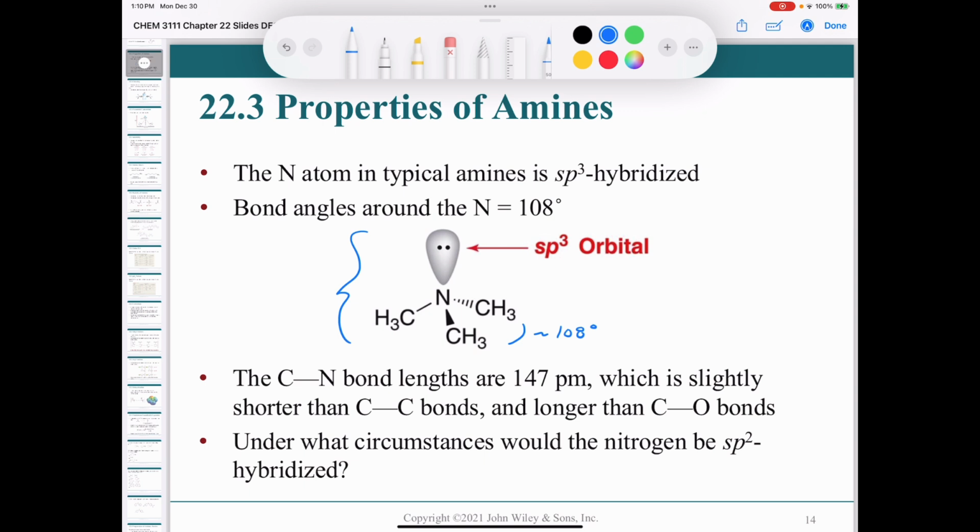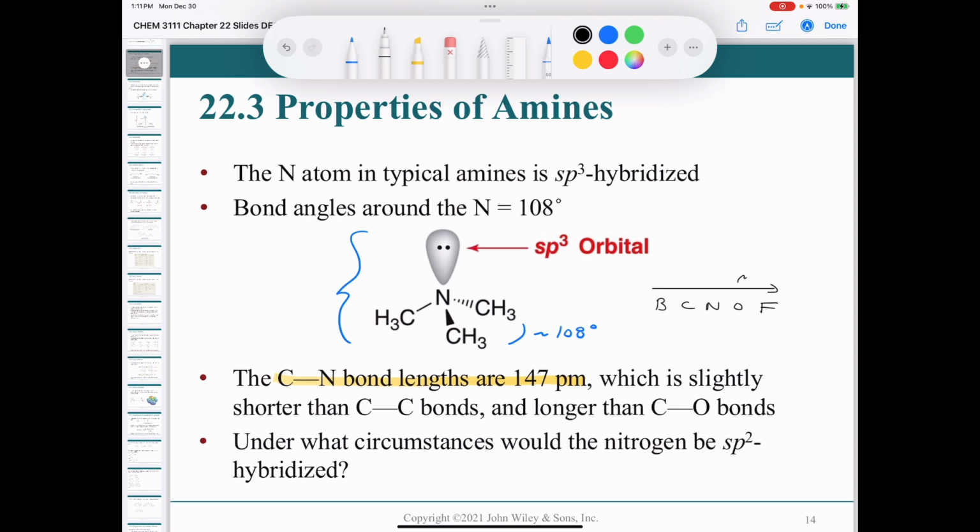Now, the carbon-nitrogen bond length, and I know we don't discuss bond lengths a ton in this class, but it says here they're around 147 picometers, which is going to be a little bit shorter than carbon-carbon bonds and longer than carbon-oxygen bonds. And you want to remember that as we go across the period from boron to carbon to nitrogen to oxygen to fluorine, from left to right, the atoms actually get smaller.